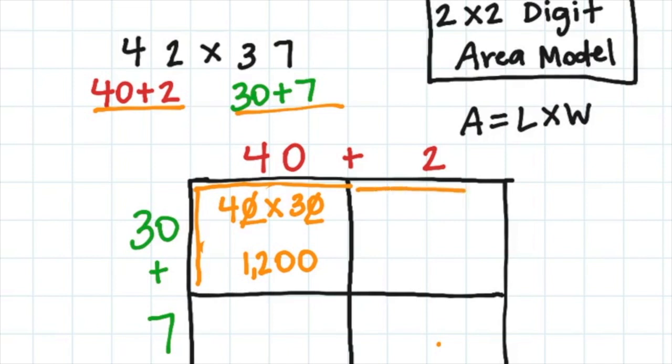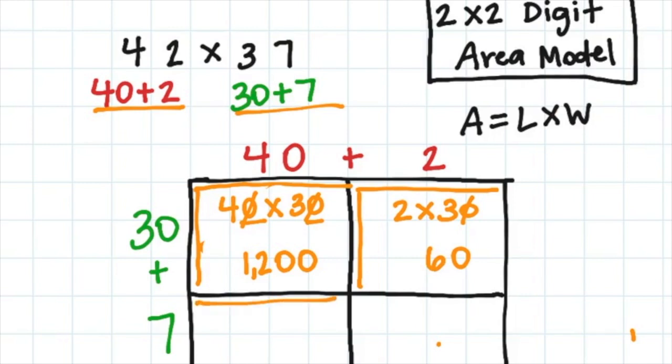We're then going to find the area of this second rectangle. In this case, we have 2 times 30. So likewise, because that 3 is worth 30, that 0 is going to make the product be worth 1 more place value. So we're going to move that down here, and rather than 2 times 3 being 6, we're going to put that 6 in front of the 0 and get a product of 60.